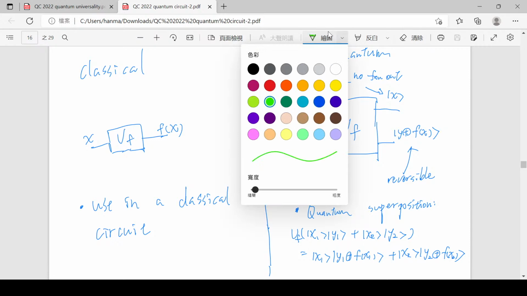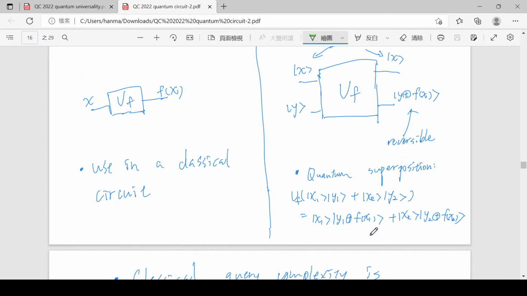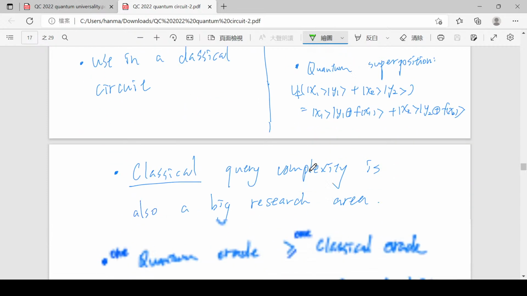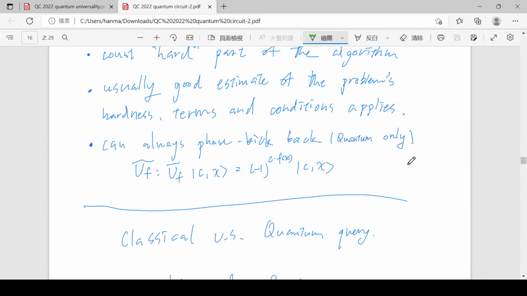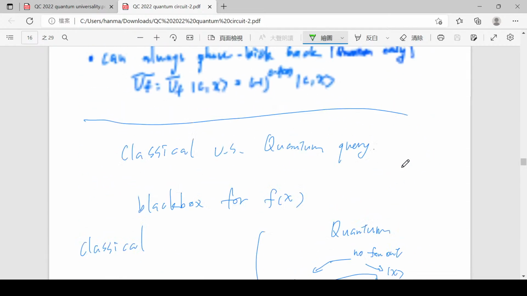But what's really interesting is if you put a superposition in your input register, then you get an entangled output state, entangled between the input register and the output register, like this: |x1> tensor |f(x1)> plus |x2> tensor |f(x2)>. And we have seen several algorithms where this quantum superposition actually gives you a quantum speedup.